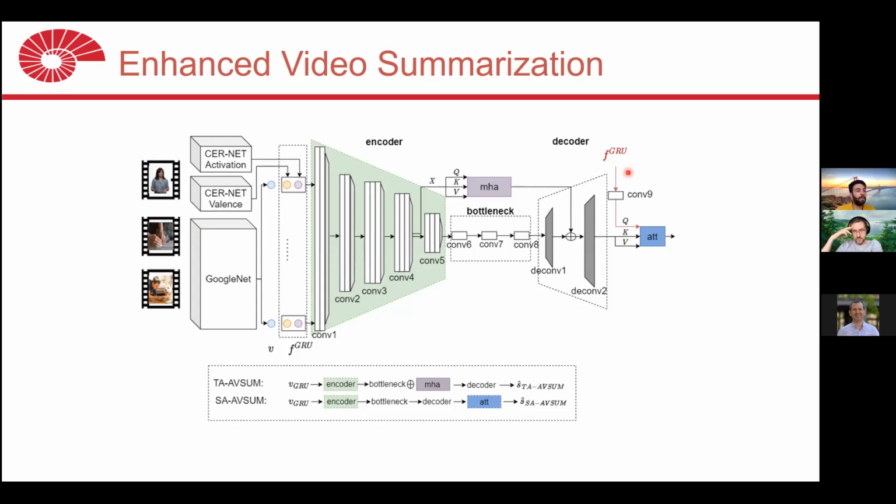That's why we have a multi-headed self-attention at the bottleneck for the temporal attention-based architecture. Again, as I mentioned, we are only using the GRU embeddings, appended to the input.